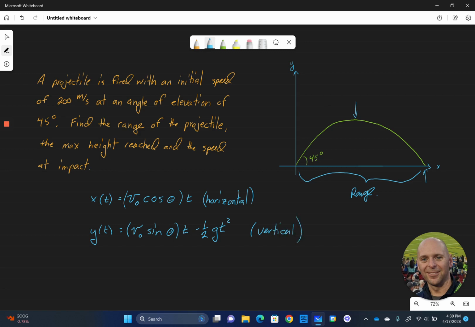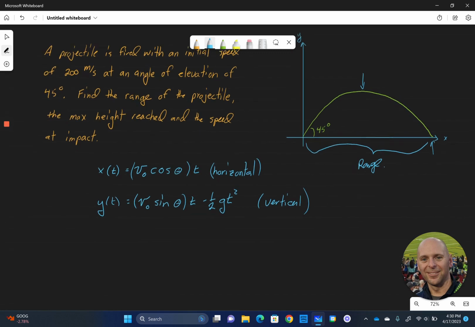And they've given us the initial speed here of 200 meters per second, so we can sub that in for v0 here and here in our formulas. We know g is 9.8 meters per second squared, so that would make x of t equal to 200 cosine theta, and we also know that theta is 45 degrees, so this is going to be 45 times t.